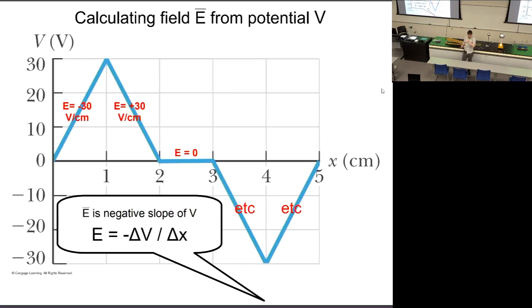The slope is change in y over change in x, here change in potential over change in x. So the slope is the 30 volt change in potential divided by the 1 centimeter change in position, so it's 30 volts per centimeter.